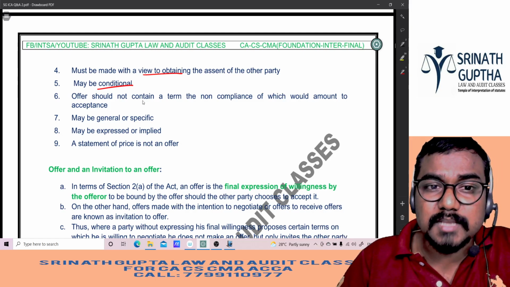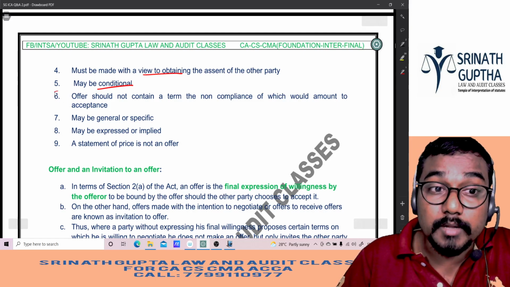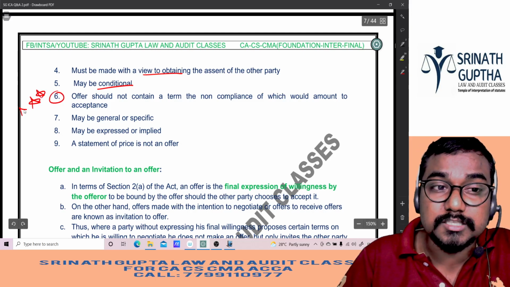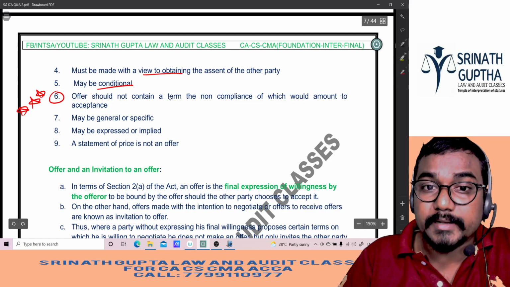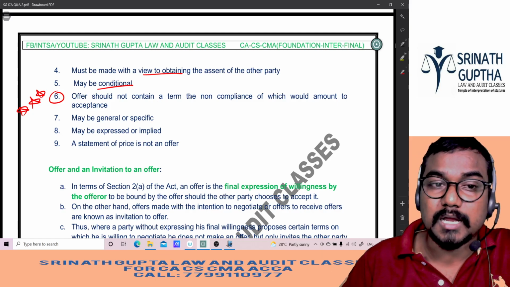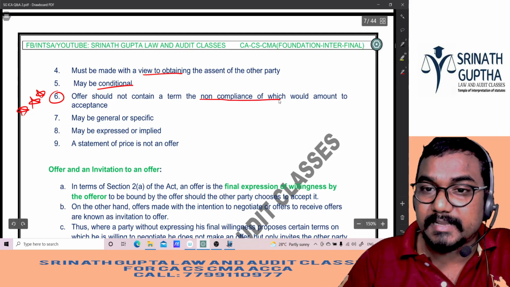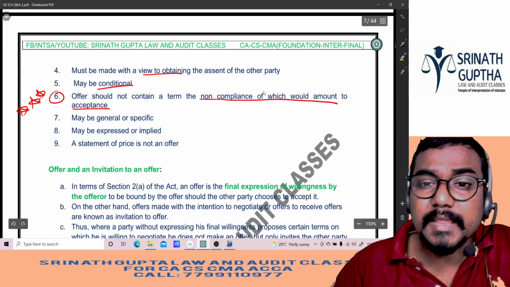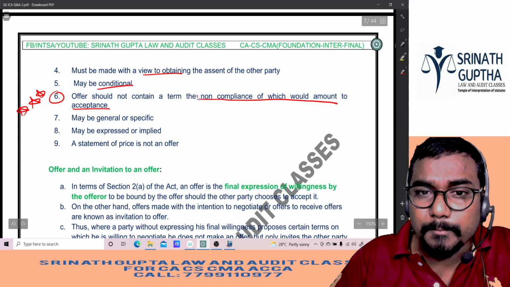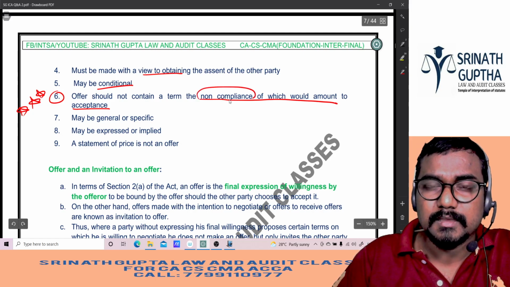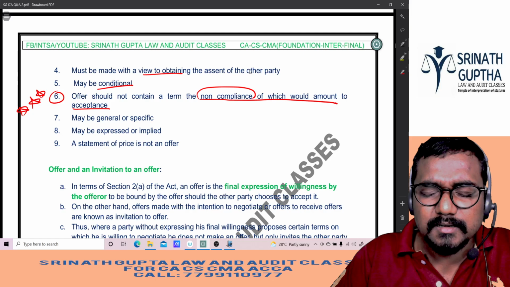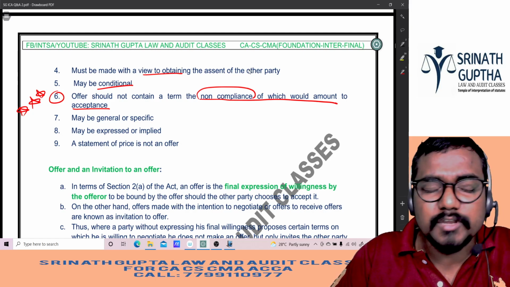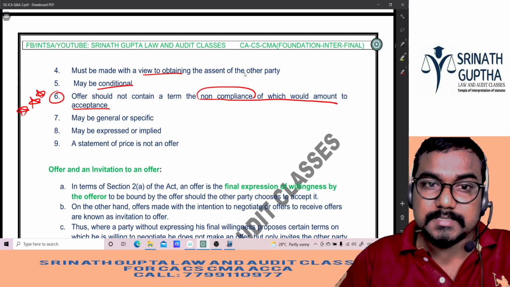So offer must not contain a term. This one is important, he will ask in the exam. Specifically, 6th point. The offer must not contain a term non-compliance of which amounts to acceptance. This heading he will ask in the exam. Non-compliance means not following. Offerer cannot say that if the offeree does not give a reply, that is deemed to be acceptance.